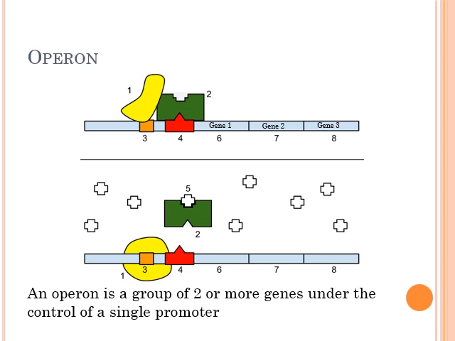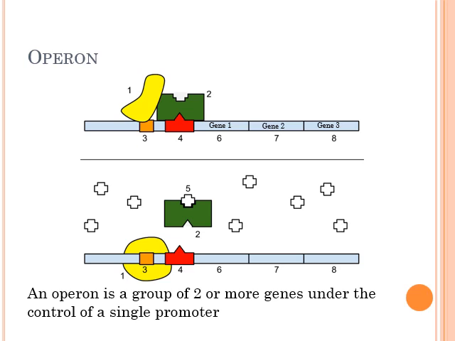All right, so bacteria produce what's called polycistronic RNA. Here's the deal. Bacteria don't produce just one gene at a time. They produce a whole bunch of genes all at once in what's known as an operon. I'm not going to make you do an example of an operon. I'm going to say what an operon is. An operon is a group of 2 or more genes under the control of a single promoter.